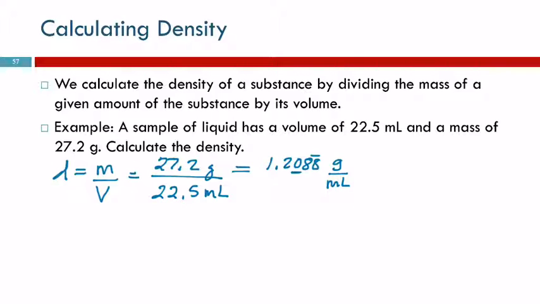If you're rounding in the tens place or higher, then I recommend putting it in scientific notation before you round it. Here we're going to be fine. 1.2, I'm going to keep that next place, but I look at the digit that I'm dropping. 8 is 5 or greater, and so I'm going to round up. This is 1.21 grams per milliliter.